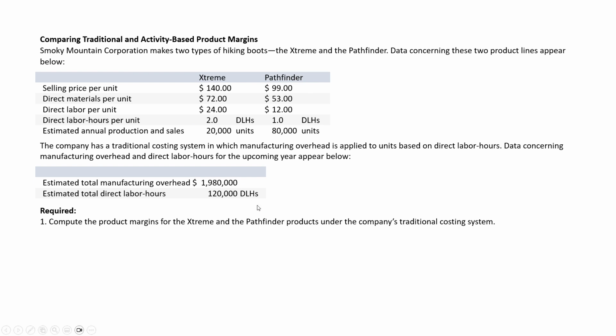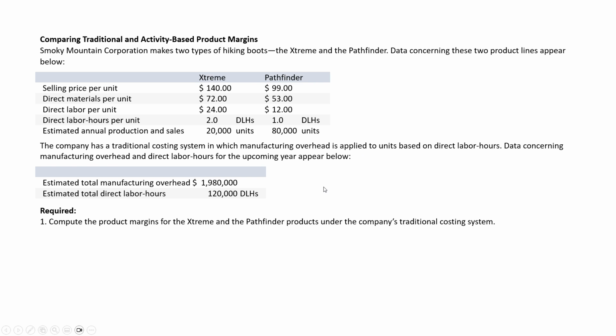Our starting point is preparing our product margins using our traditional costing system with one plant-wide predetermined overhead rate, irrespective of these different products or different activities within the business. They've decided that the overhead rate is going to be applied based upon direct labor hours.